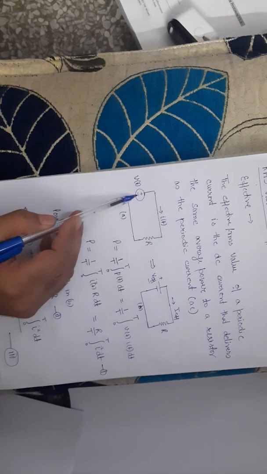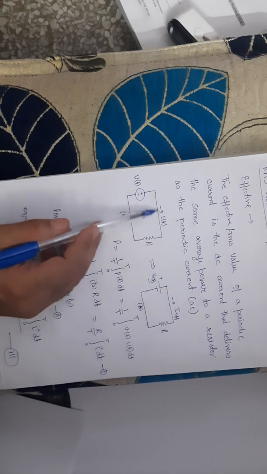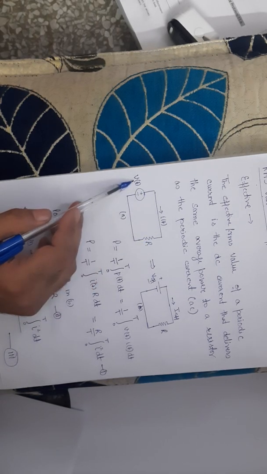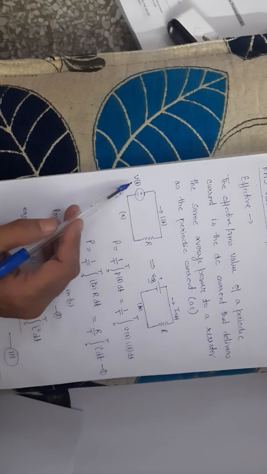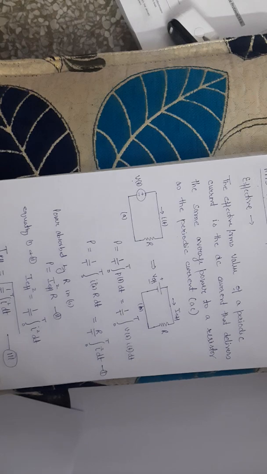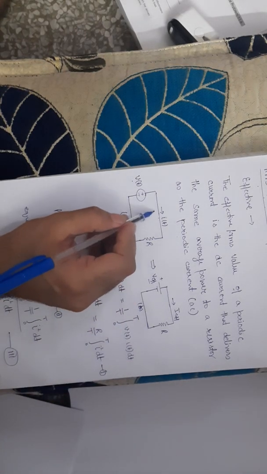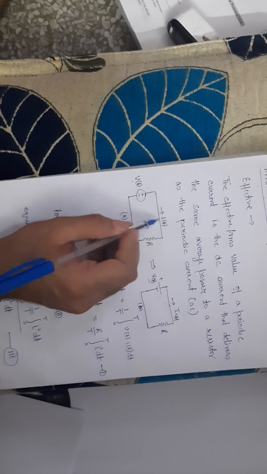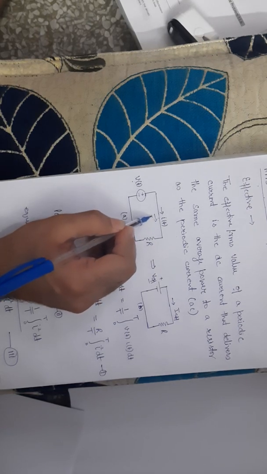For example, I have an AC voltage source and a resistor, and some AC current is flowing in this. This is a periodic current or voltage, so this will be v(t) and this will be i(t), meaning sinusoids. We are asking what the effective value of the current is. Suppose this is the instantaneous value; I am saying some effective value, I_eff, the effective value of current.